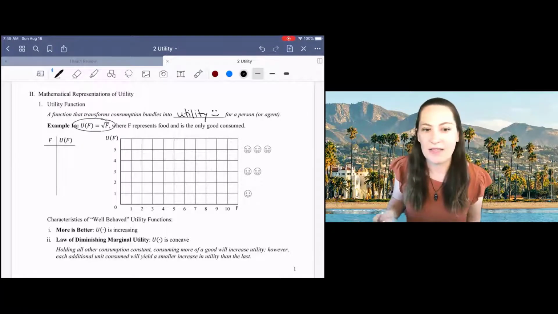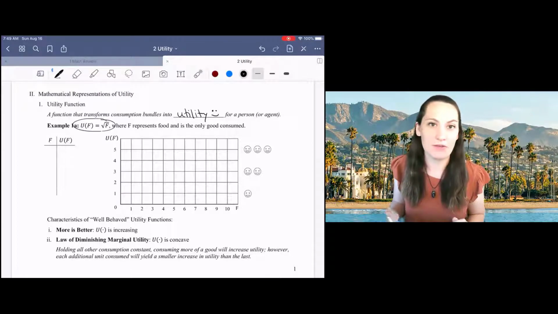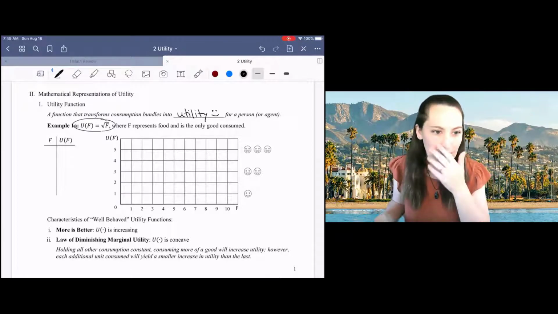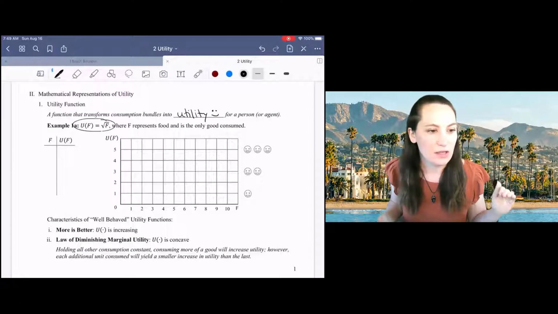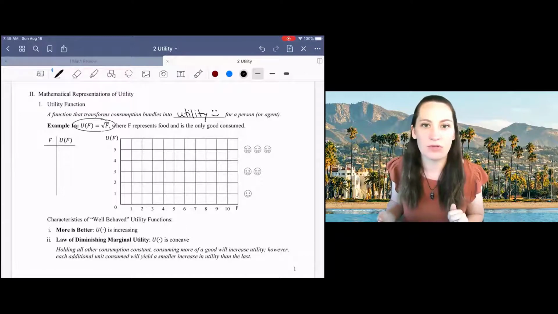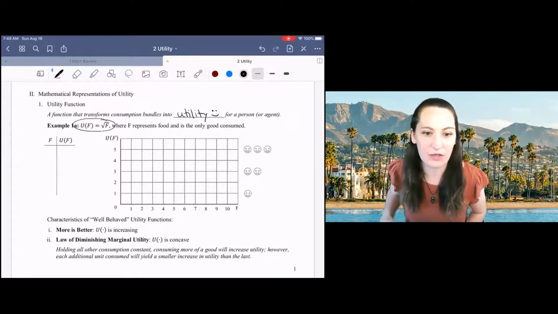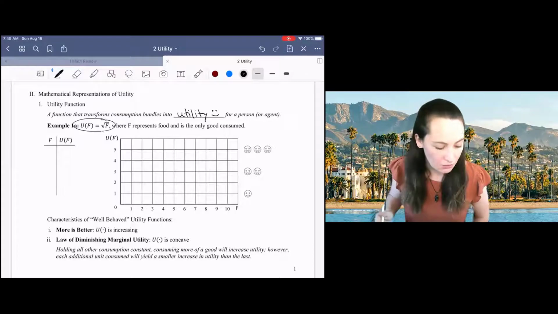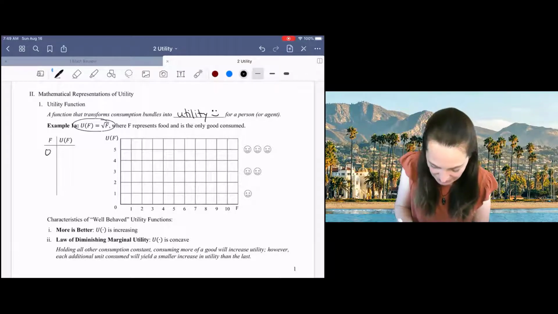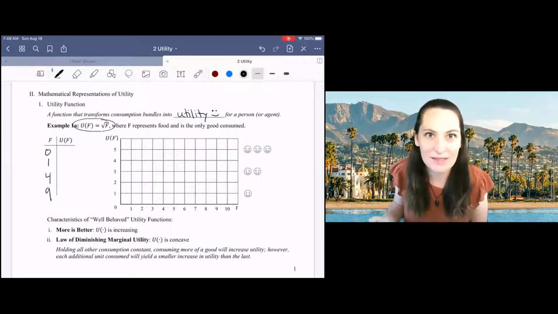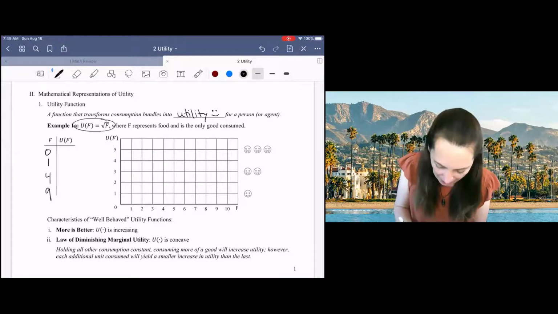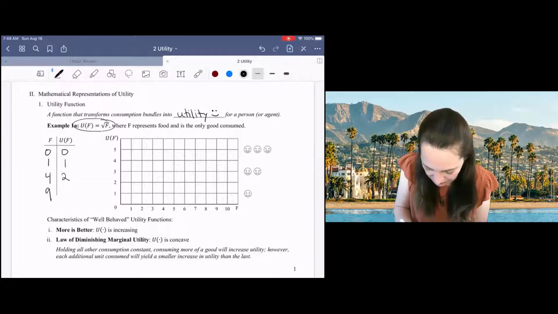And like I said, we're going to start with a really simple example here. Square root of f. Say f is the only thing you consume, so let's make it food, right? And your utility is equal to the square root of the quantity of food that you consume. So what does this utility function look like? Well, we can plug in just a few simple values for f, right? I want to make it easy to take the square root here. And then my utility is just the square root of that.